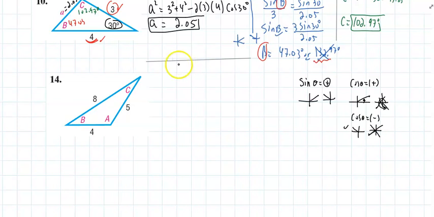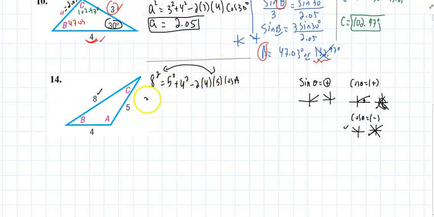If I'm using the law of cosine and I'm not looking for the two cases, I would say, you know what? 8 squared equals 5 squared plus 4 squared minus twice times 4 times 5, the cosine of A. And if I swap those, 2 times 4 times 5, the cosine of A equals 5 squared plus 4 squared minus 8 squared.